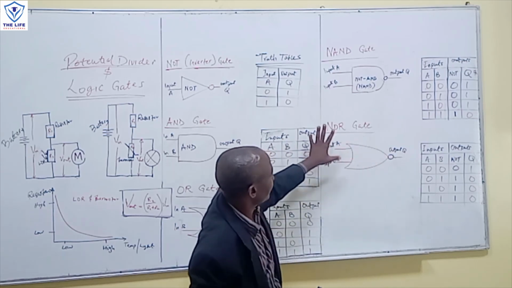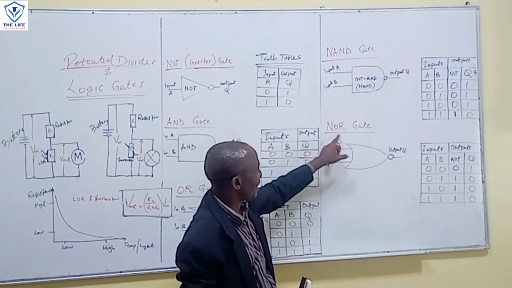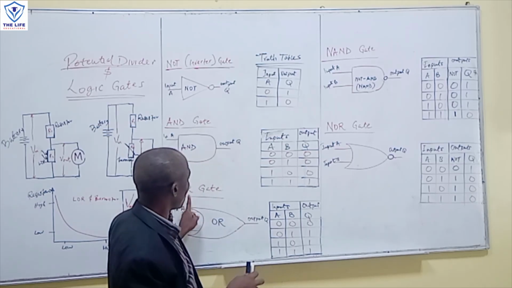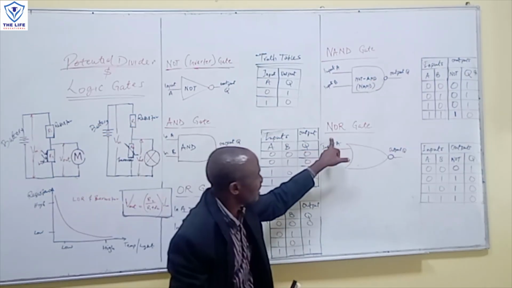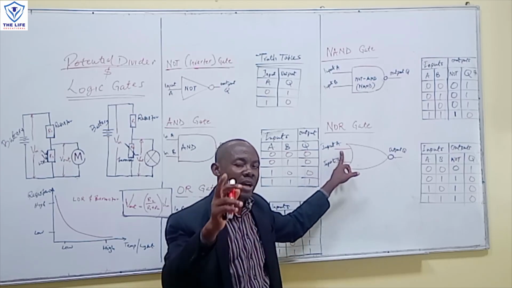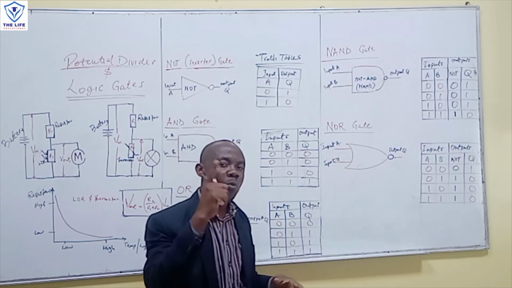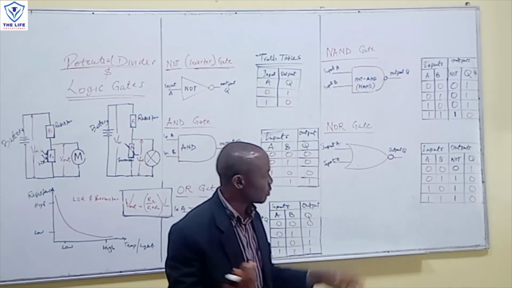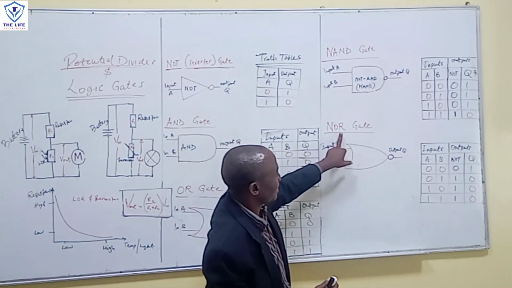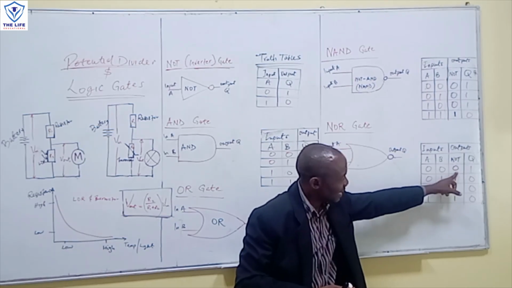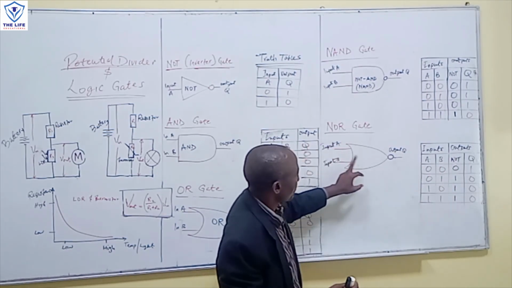Alright? The last logic gate is the NOR gate. NOR gate is the opposite of OR. Don't forget, for an OR gate, once you have one high input, you must have output. But in this case, since it's a NOR gate, we introduce a NOT to the output. So let's look at it.